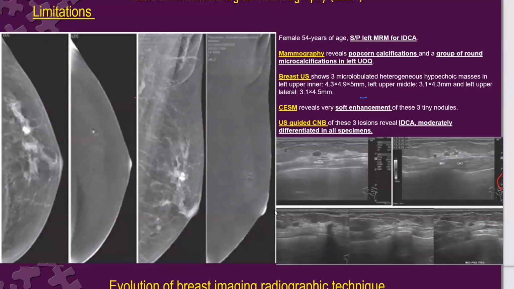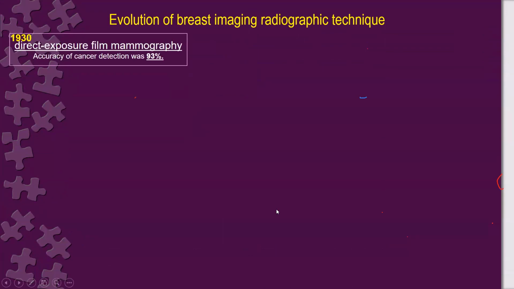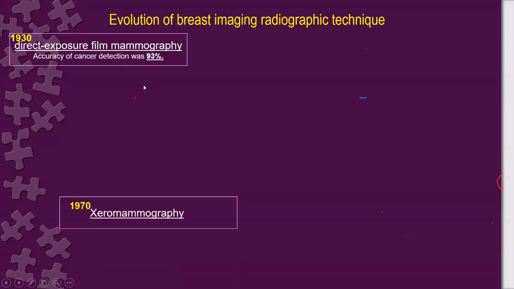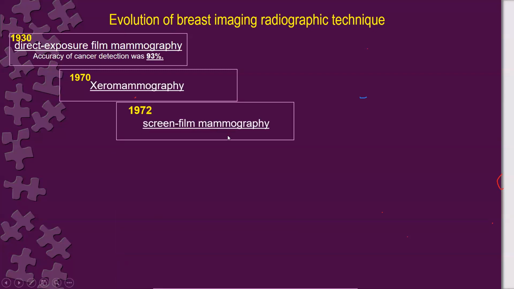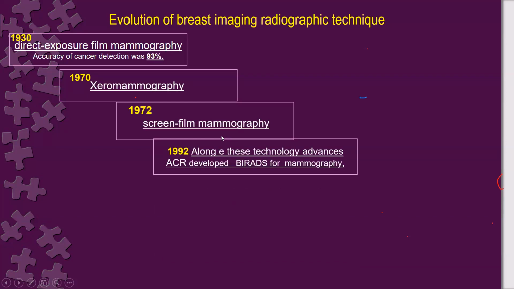So in the evolution of radiographic breast imaging, in 1930 direct exposure film mammography started, with a cancer detection accuracy of 93%, followed by xeroradiography in 1970, and in 1972 screen film mammography improved the detection or the accuracy of mammography, and more evolutions.